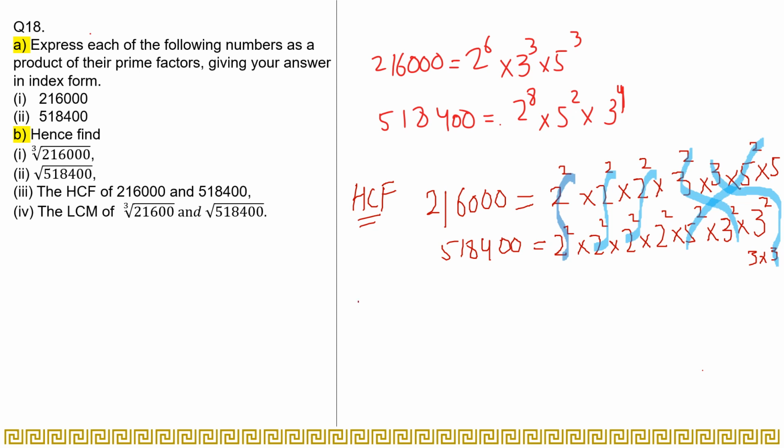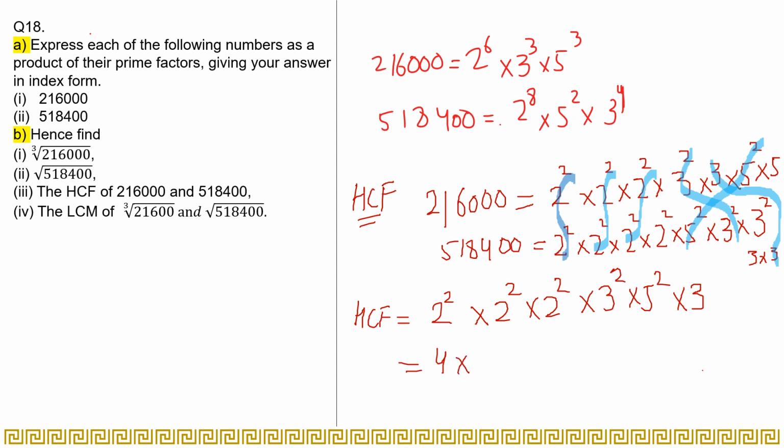So HCF is equal to 2 square. As we see, these two are common, so we have to write it only once, and then we have 2 square again, 2 square again, then we have 3 square, then we have 5 square, and then we have 3 only, right?